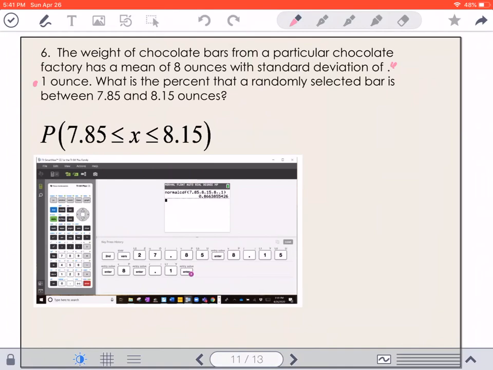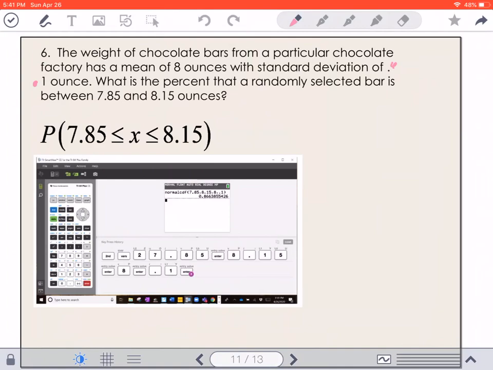So since that's the case, we're going to go ahead and put this into our calculator. So hit second vars 2. Okay, our lower bound number here is 7.85, so we're going to put in 7.85, hit enter. Our upper bound here is 8.15, so 8.15, hit enter.